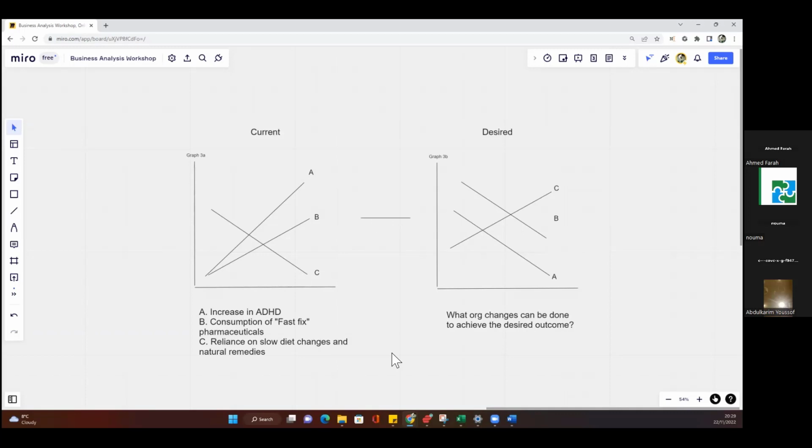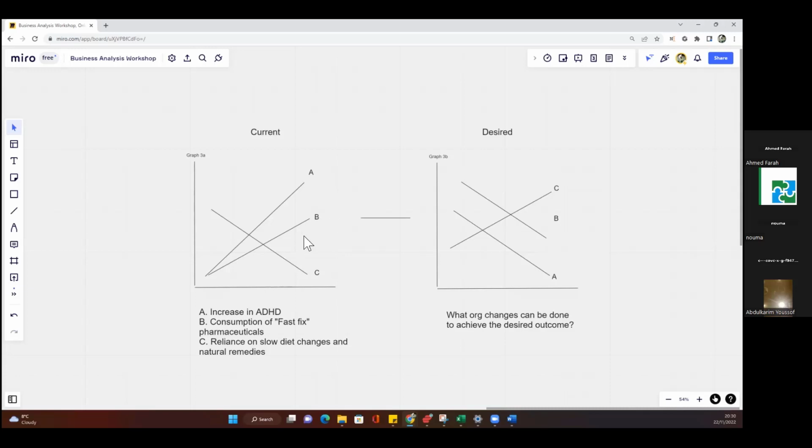So business analysts would gather statistics firstly to look at this. For example, there is a correlation between the usage of social media and the increase of ADHD and the consumption of fast-fix pharmaceuticals, because it's related. There's a relationship between these things.